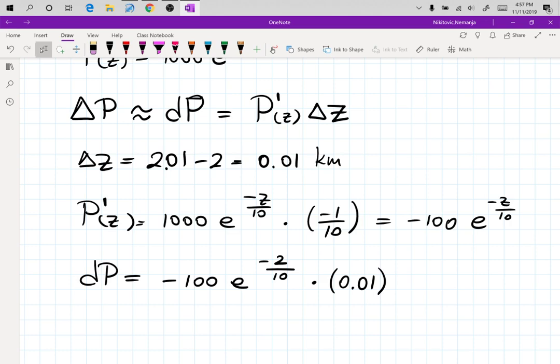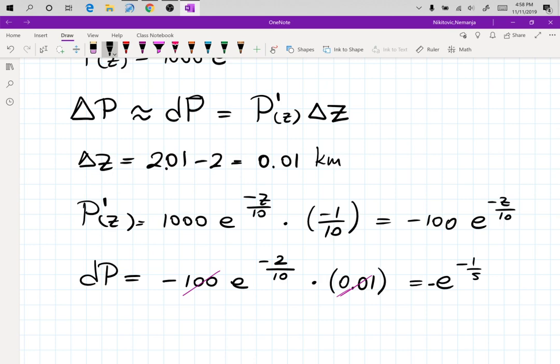Then times the change in z, delta z. So now these two would actually cancel. And all I have to compute is, oops, there's a negative in front, how much is e to the negative 1 over 5.